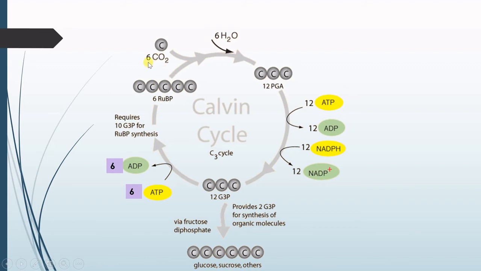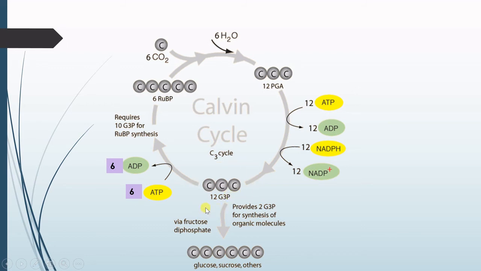When it combines with 6 carbon dioxide, 6 into 1, 6 carbon. So 30 plus 6, 36 carbon are now present. So when 12 molecules of 3-PGA are forming, 12 into 3, here again 36. Then when it forms 12 molecules of 3-PGAL, here also 12 into 3, 36.